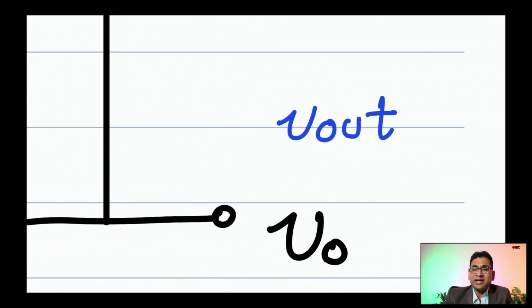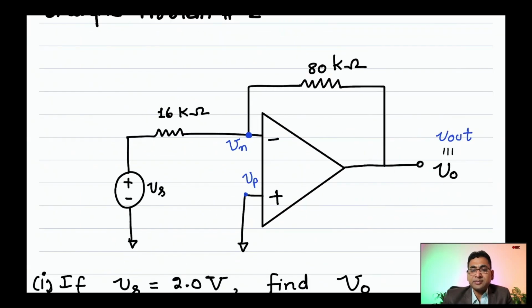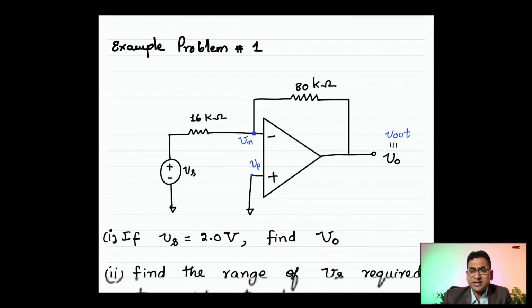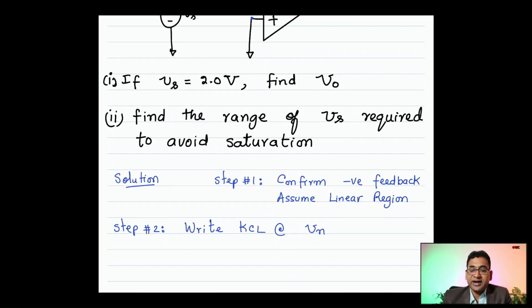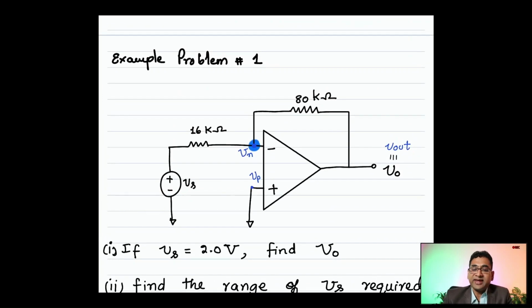I interchangeably refer to V out as Vo and use these two terms interchangeably. Now, step number 2 is to identify Vn, which is that guy, and we want to write a KCL there. Step number 2 is to write a KCL at node Vn.